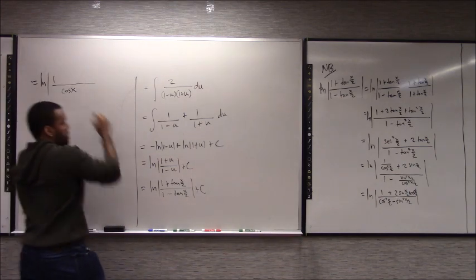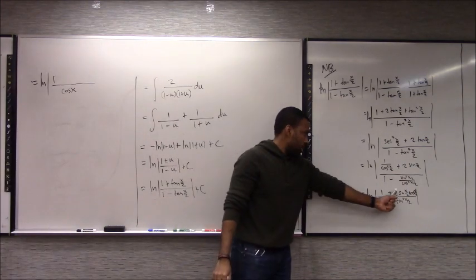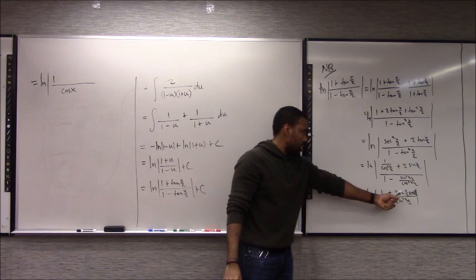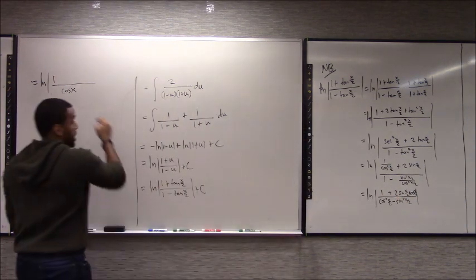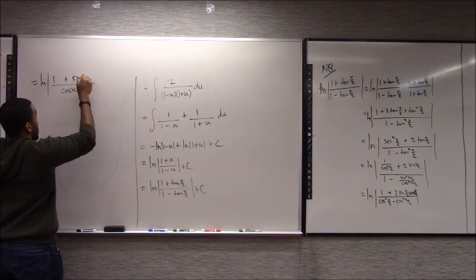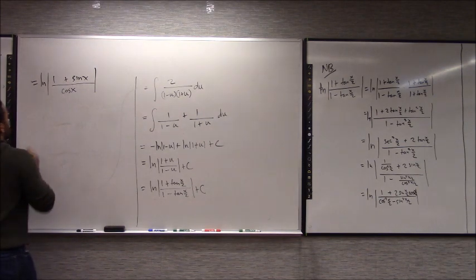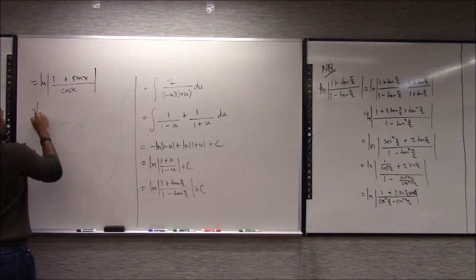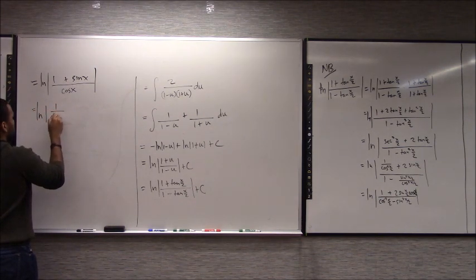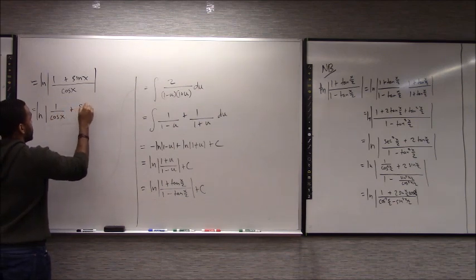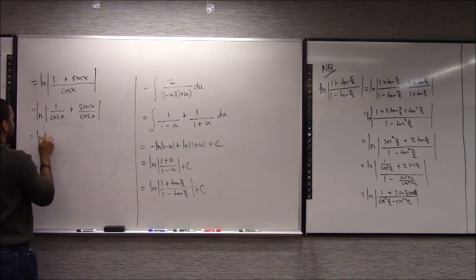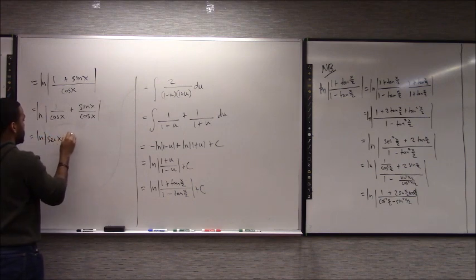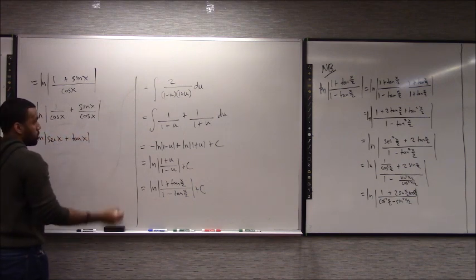And for the double angle formula for sine, 2 sine theta cosine theta is just sine of 2 theta. So that is just sine x. And so now this is ln of 1 over cosine x plus sine x over cosine x, which is ln of secant x plus tangent x, which you know is the answer.